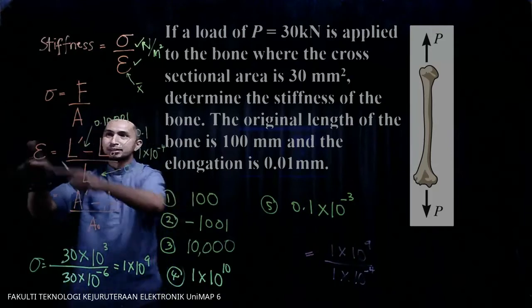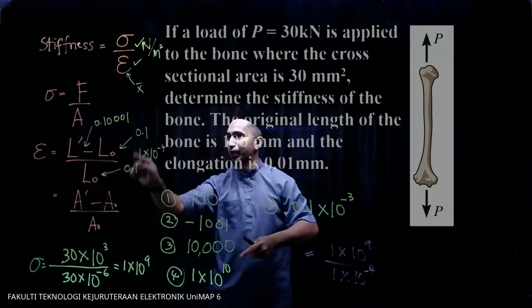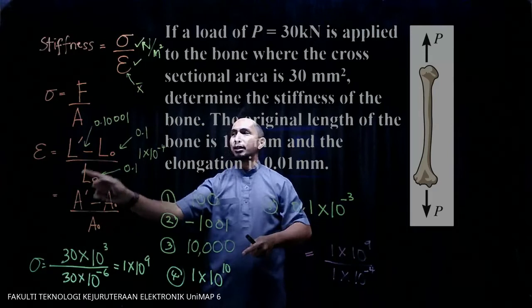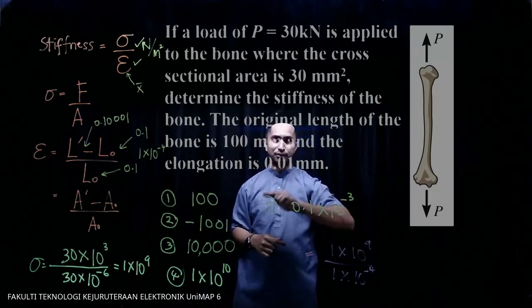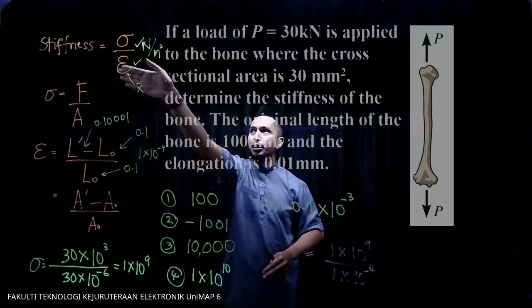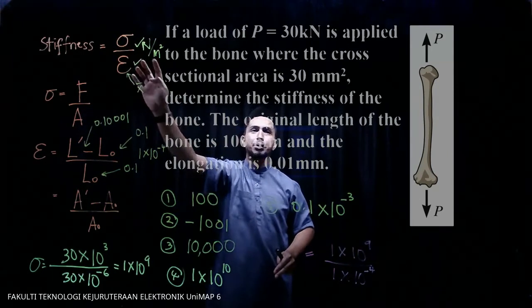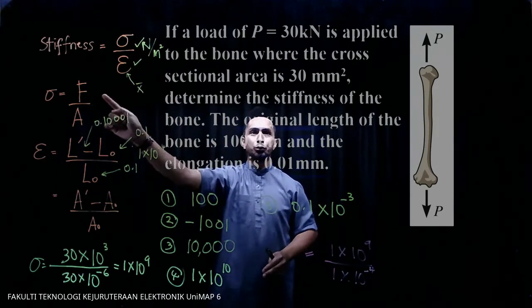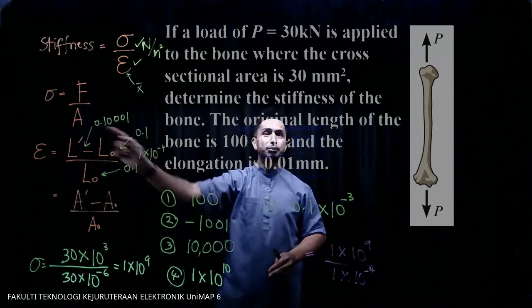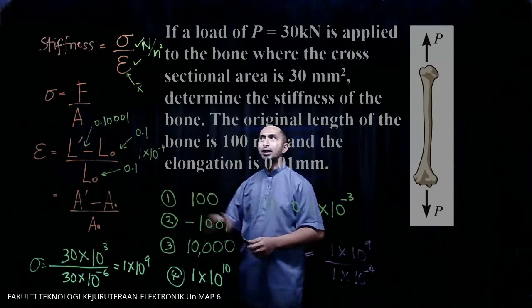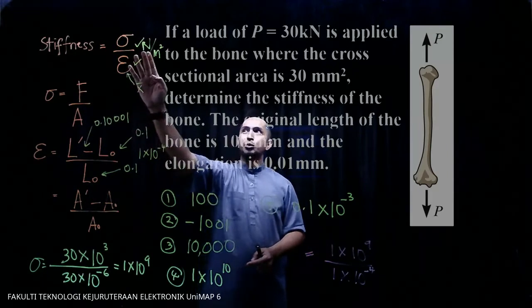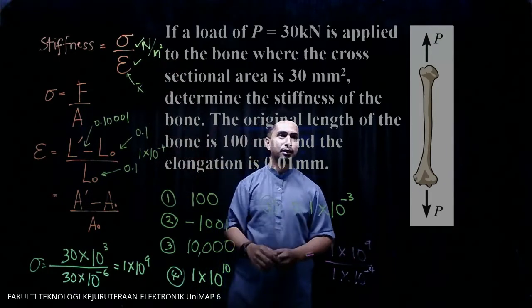From the equation of strain, meter divide by meter, so you can cancel out the unit. So no unit for strain. The only unit is for stress. Stress is Newton per meter square because force is in Newton, area is in meter square. So that's why stiffness is Newton per meter square.